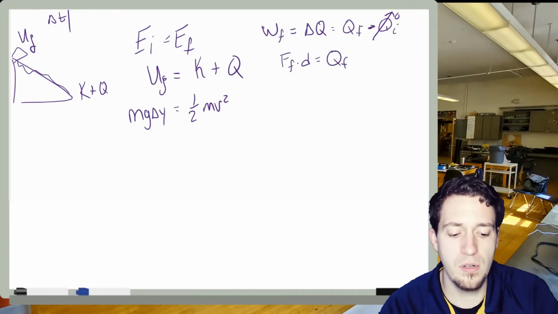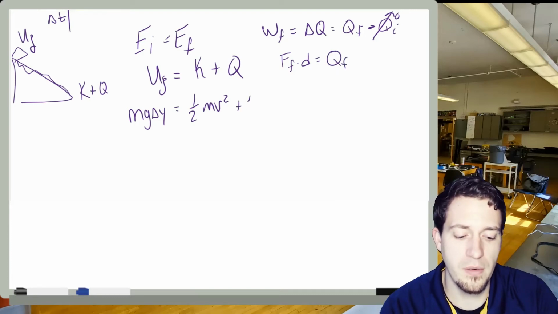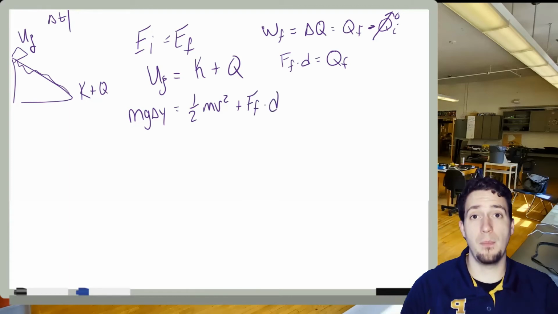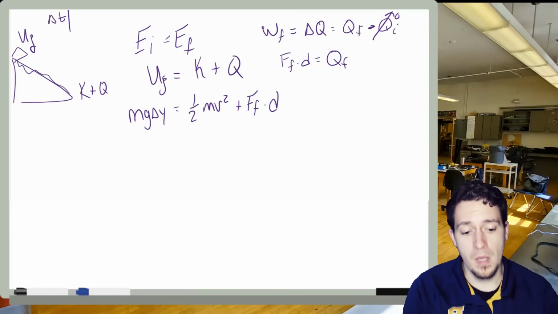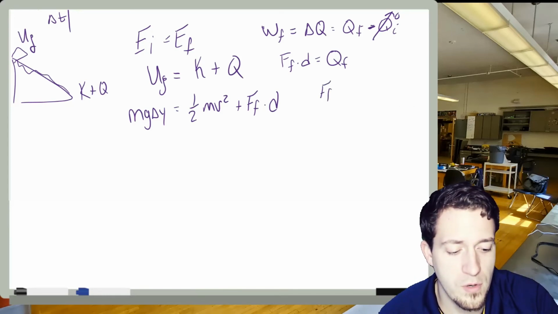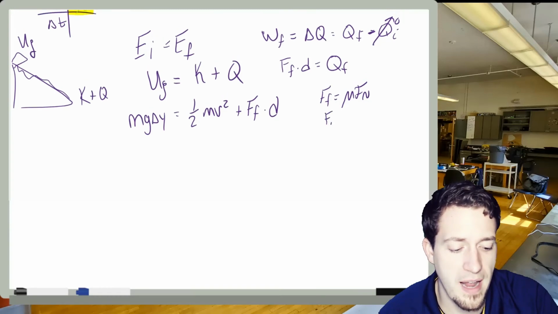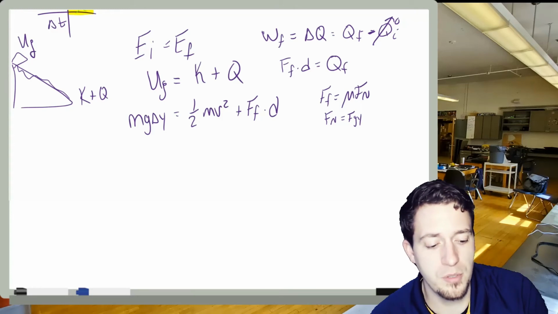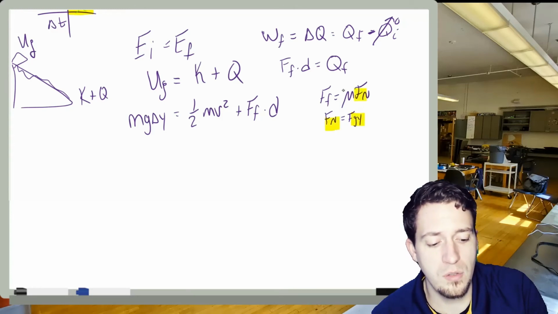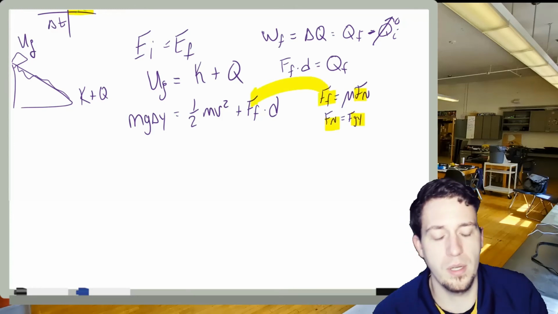So what do I need to do to find the amount of heat that's being generated? Well, it's just the force of friction times the displacement, which in this example would be the length of the ramp. All right, well, how do we find the force of friction? Well, that's mu Fn, and on ramps we said that Fn is equal to Fgy. Here's again my triple jump, a 1, a 2, a 3, a 3 to find Ff.